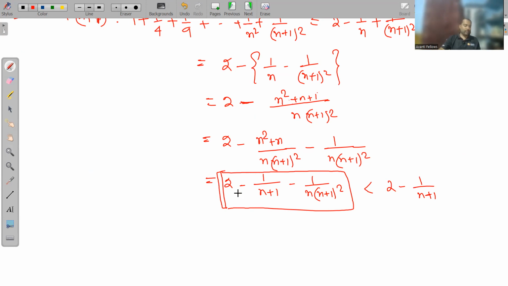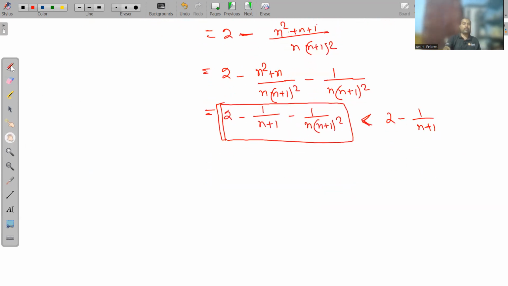Yes, this will be less than 2 minus 1 by n plus 1, because here in the left hand side we are having 2 minus 1 by n plus 1 minus 1 by n into n plus 1 whole square. So this will be less than 2 minus 1 by n plus 1.